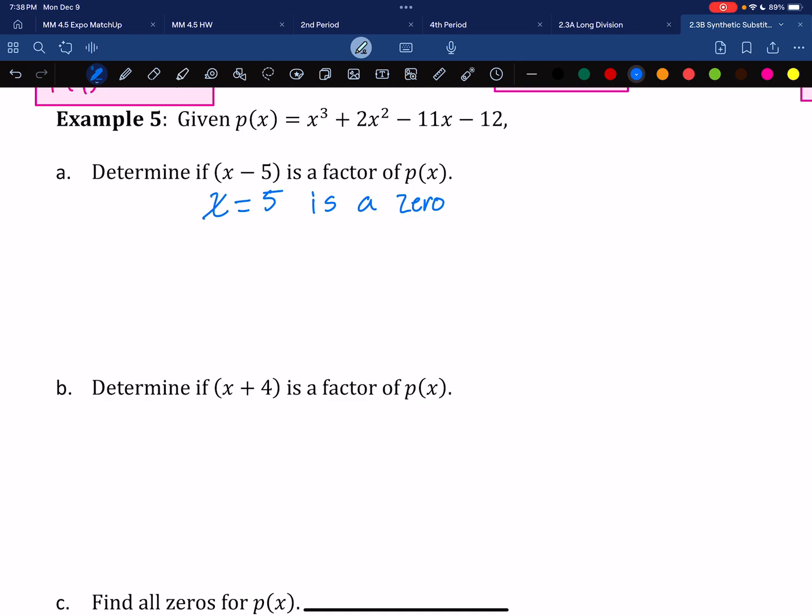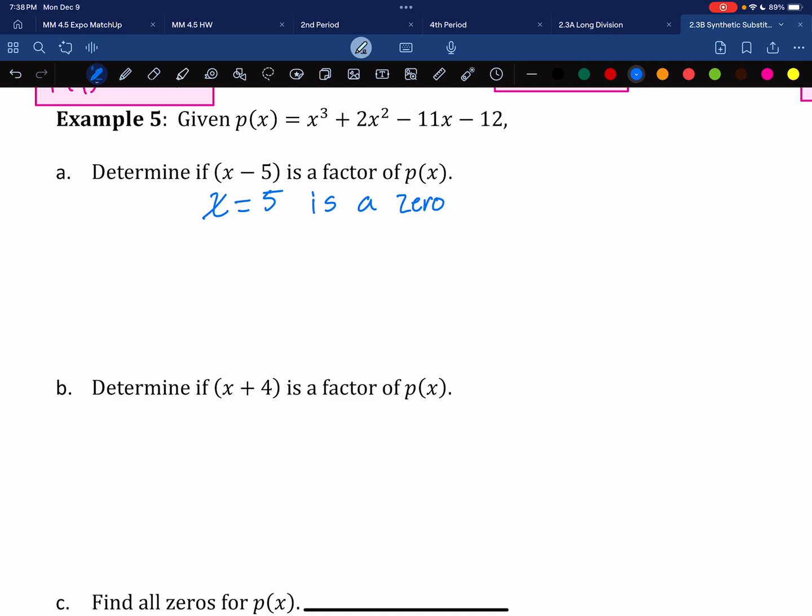Okay? And this is all hypothetical still because we don't know if x minus 5 is a factor. We're trying to figure it out. But if x minus 5 was a factor, then that means that x equals 5 would be a 0. And if we use synthetic substitution with 5, our remainder should be 0, right?